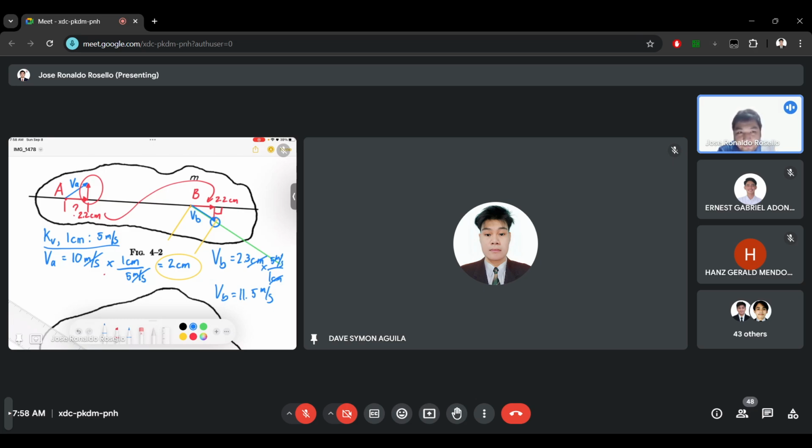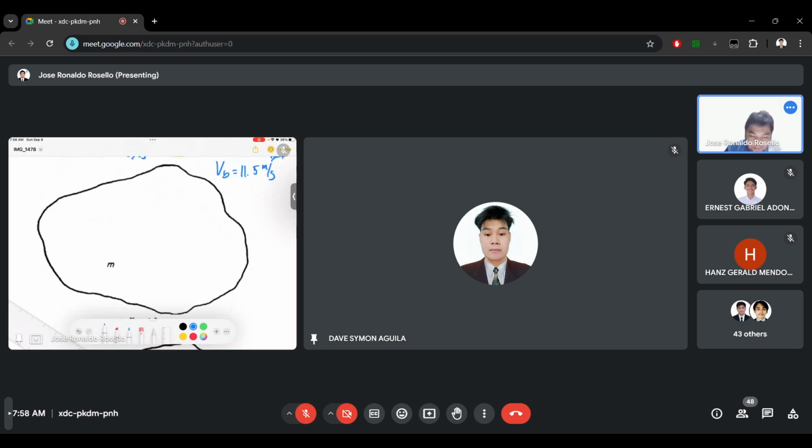Okay. If walang question, let's get another example. For example, we have this one. If we have point A here, point B here, and we have point C here, and given velocity A is... wait, check ko lang.